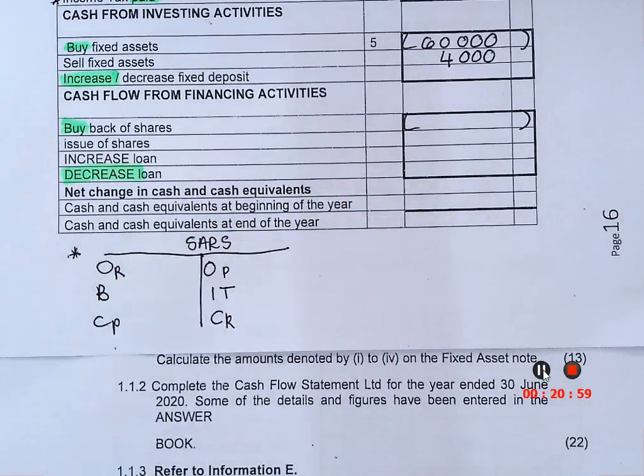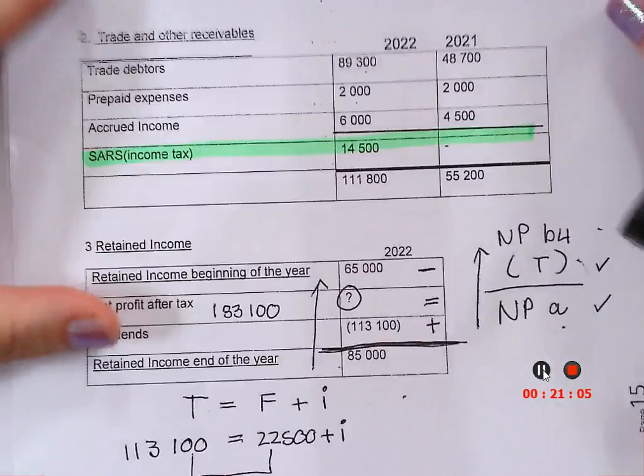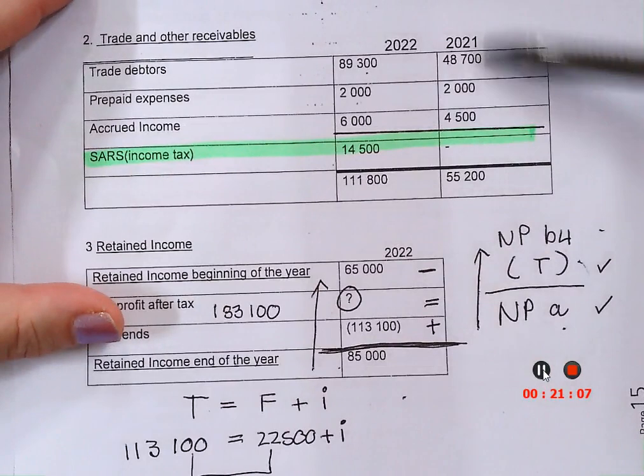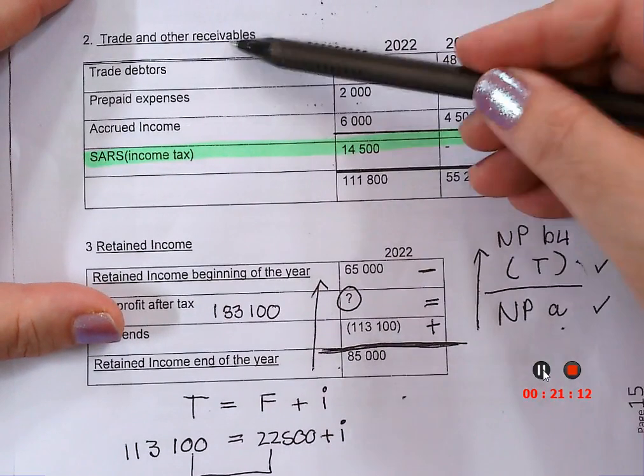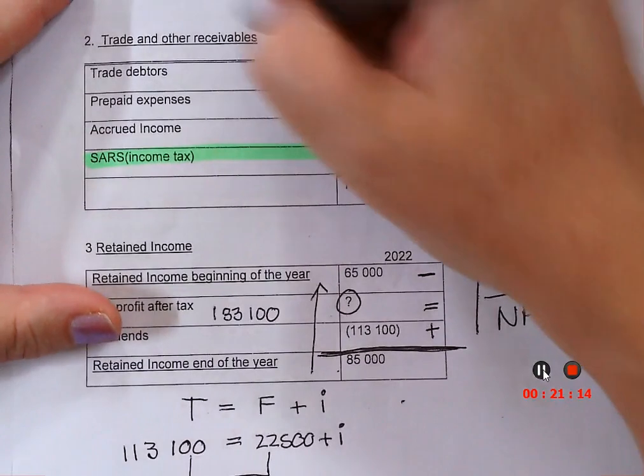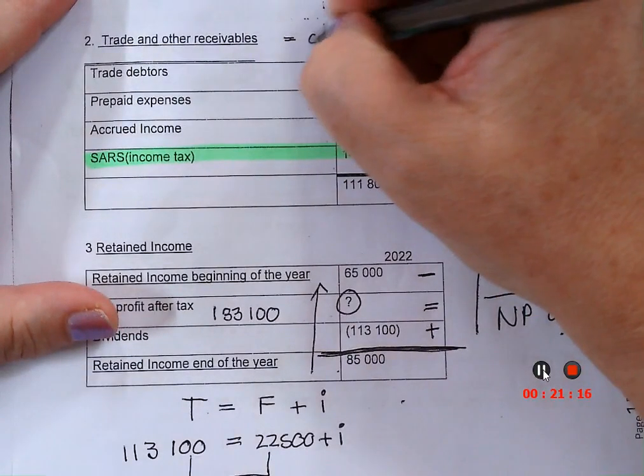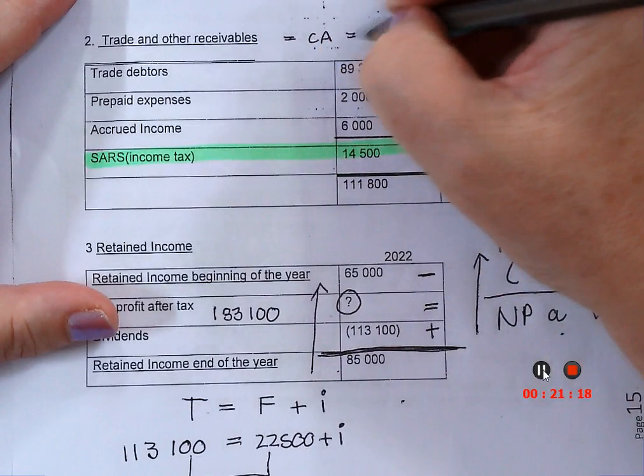Okay, now let's go look at 2021. If I look at my trade and other receivables, can you see SASH is the closing balance in receivables? Remember, they could have also said current asset or debit, right?